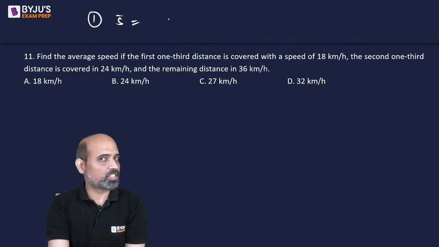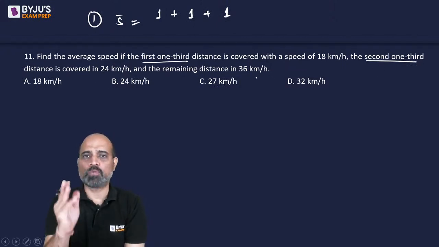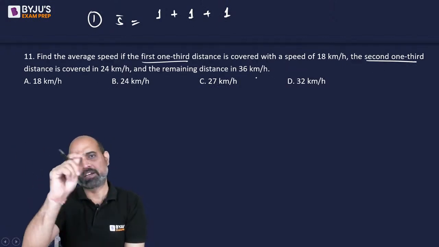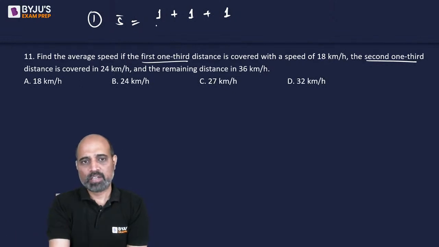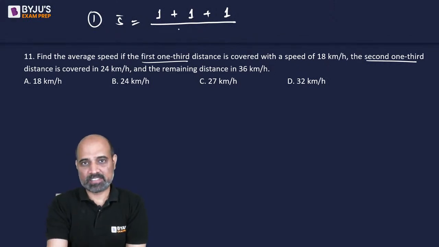What is the total distance? It's not given. So मैं मान रहा हूँ कि 3 parts में ना, तो 1 1 1. First 1/3, second 1/3 and third final distance. So 1/3, 1/3, 1/3 की जगह 1 1 1 ले लिया, 3 इग्नोर मारा. Whole divided by first का speed is 18 and the distance is 1, so time will be 1/18.